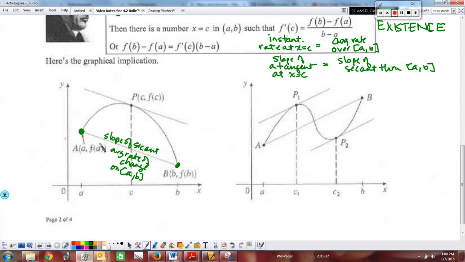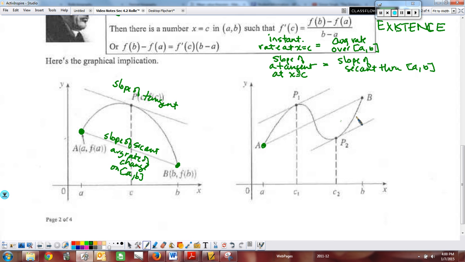We're basically saying if every point in between has a tangent line slope, and every point in between exists, and there's no jumps or gaps or anything like that, then somewhere in the interval we have to have the slope of a tangent line be exactly the same. There may be more than one place.